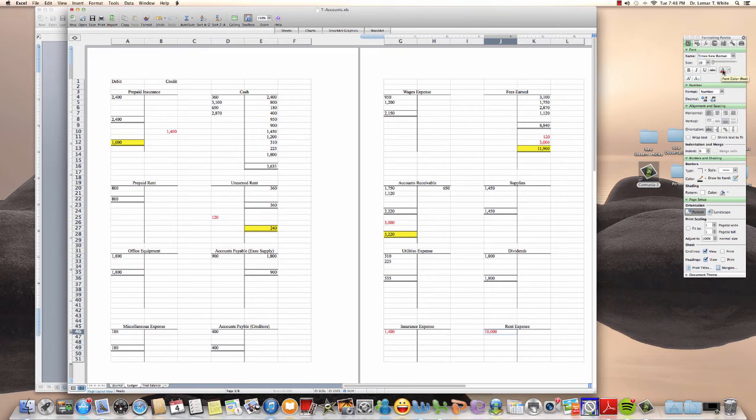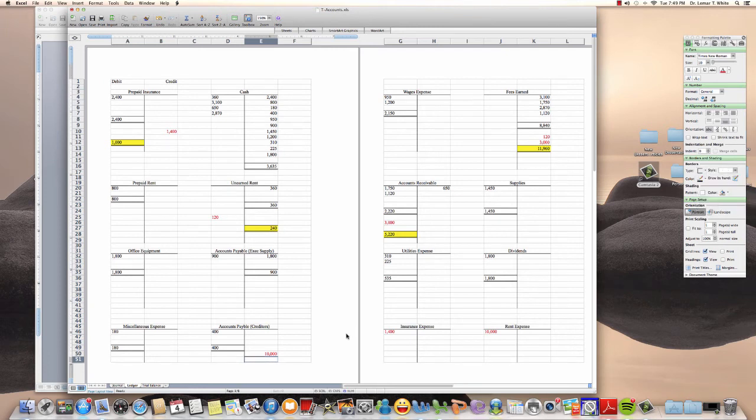Now, the credit was to accounts payable. So I'm going to go to my accounts payable here, and I'm going to make my credit for $10,000. Then I'm going to work out the new balance of this account.